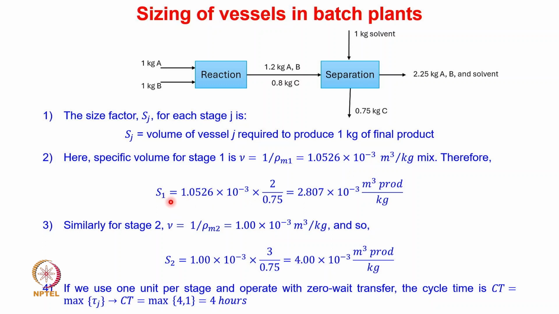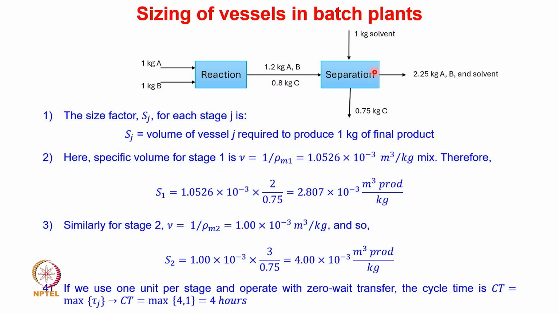So S1 is the specific volume multiplied by 2 kg, divided by the weight of the final product, 0.75 kg. It becomes 2.807 × 10^-3 m³ per kg of production. So this is S1.